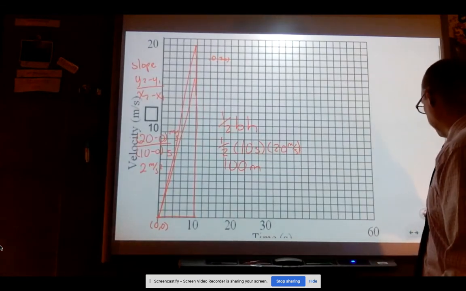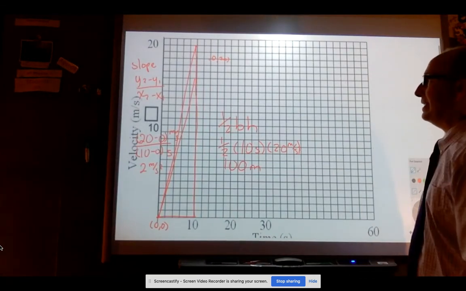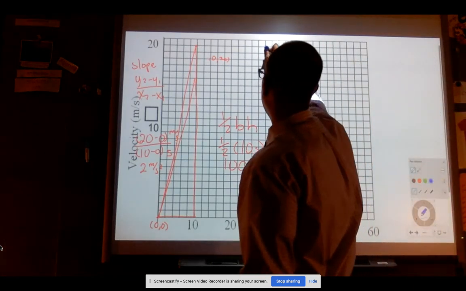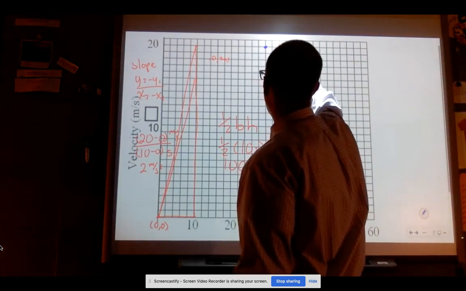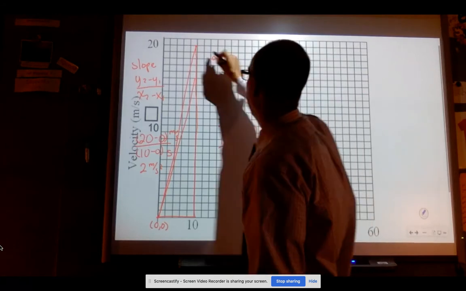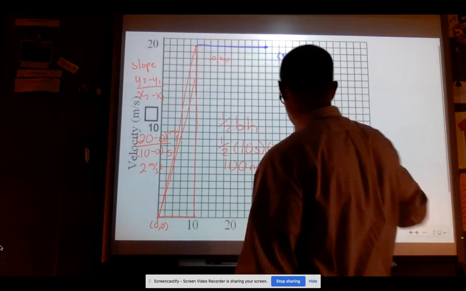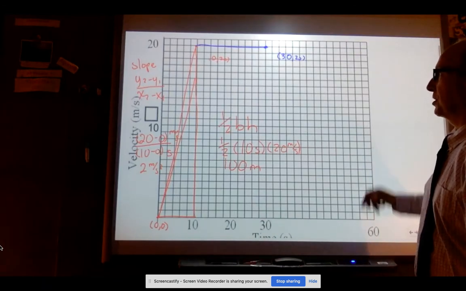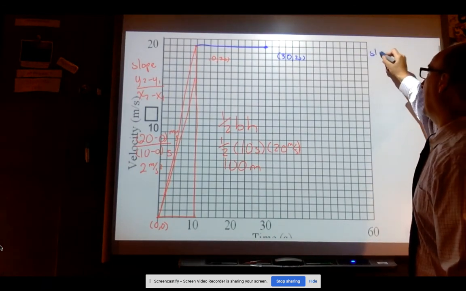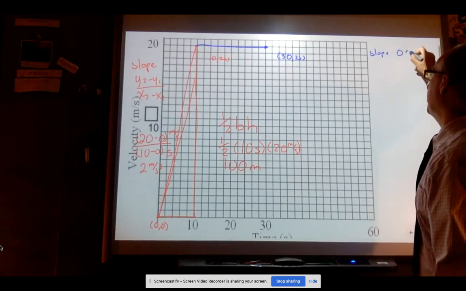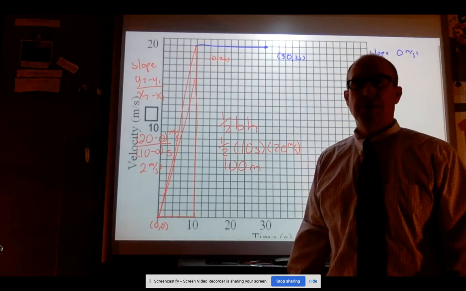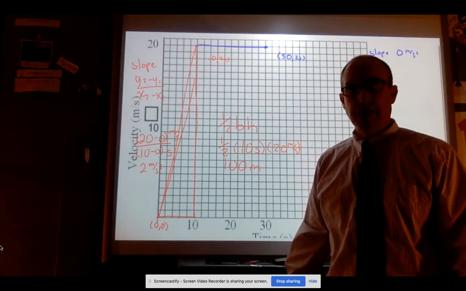In the next segment, I stayed at the same speed for 20 seconds. So my next ordered pair was 30, comma 20. The slope of this, a straight line, is 0. So if the speed is the same everywhere, you have no acceleration.